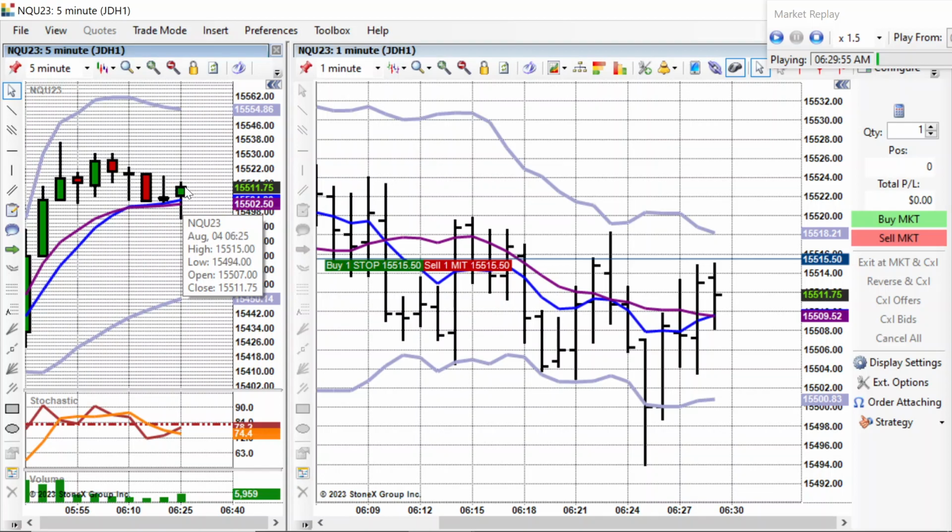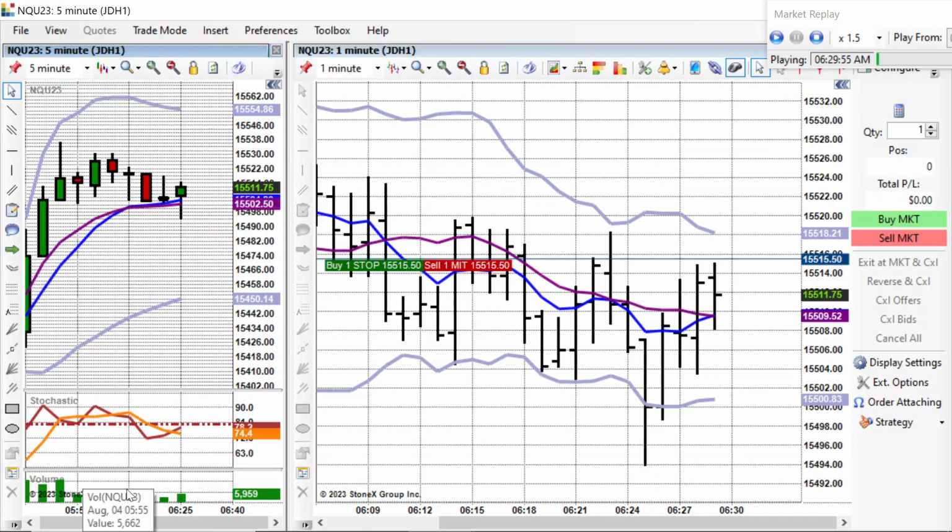Green means up close, red means down close for the body of the candle, and the wicks are the high and low of the candle. I use the Japanese candlestick on the 5-minute chart because it gives me a real instantaneous view of the direction. So I'll show how I use that indicator.